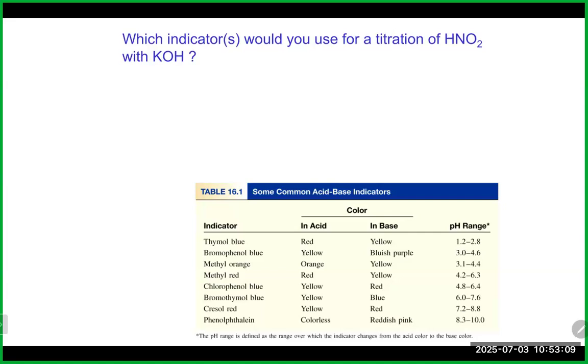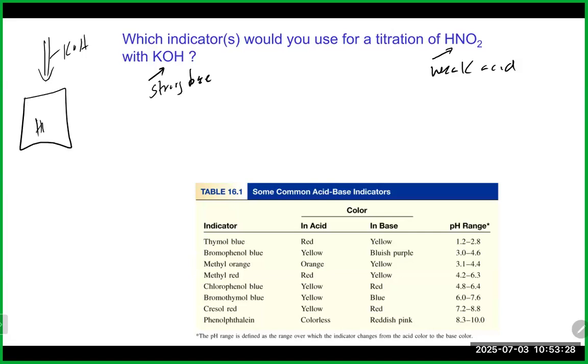Obviously, this is actually the titration we just did. Instead of sodium hydroxide, you're using potassium hydroxide, but it's really the same titration we just did in that example. And from that example, we know that is a weak acid, right? And this is a strong base. And once again, here we are adding the KOH to our acid.